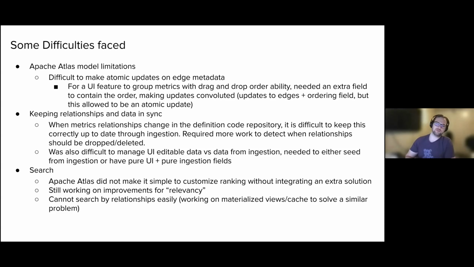Then we had search problems. This one is not fully finished. We have constantly had issues where we wanted relevant content to be displayed. We needed to create either custom ranking attributes or something extra, where Apache Atlas's current search API is very difficult to work with.